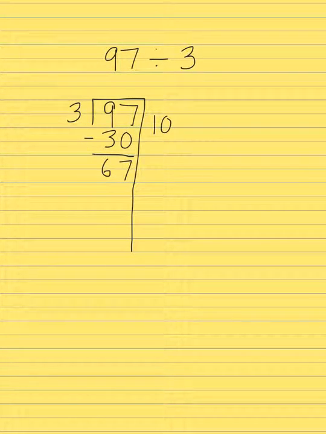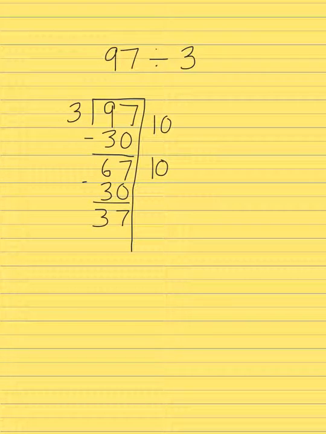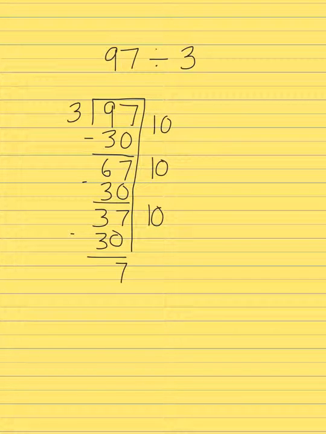I have 67 remaining. I can do another 10. 3 times 10 is 30, with 37 remaining. And again, another 3 times 10 is 30, with 7 remaining. And then 3 times 2 is 6, with 1 remaining.